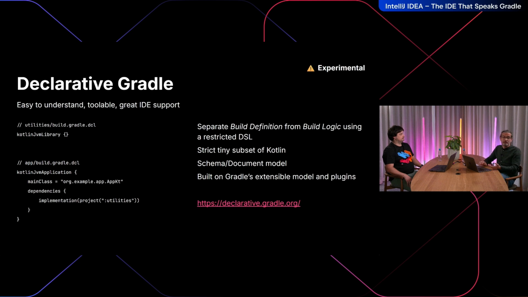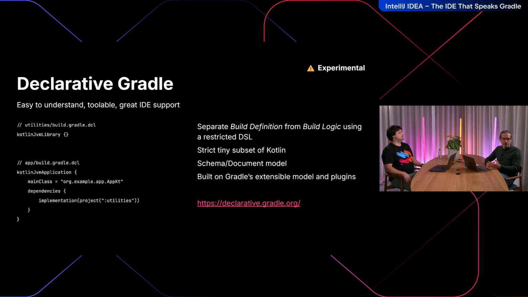But there is nothing that currently enforces that in Gradle. That's one of the goals of the declarative project: to materialize that fence between the build definition that software developers will configure, like adding dependencies and declaring some configuration, and the build logic, which is how you build, so the tasks, implementation, and things like that.